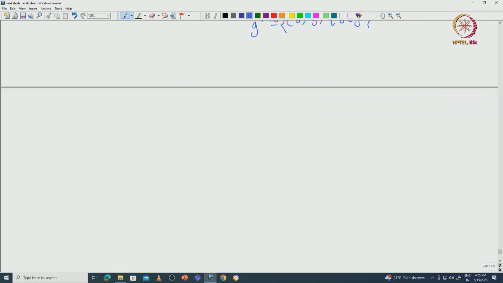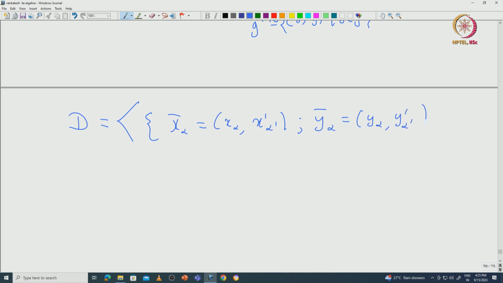Now you take this D, which is like the diagonal embedding. This is nothing but the subalgebra generated by x alpha bar, given by the tuple x alpha, x dash alpha dash, and then y alpha bar, given by y alpha, y dash alpha dash, and then h alpha bar, given by h alpha comma h dash alpha dash, where you vary alpha in pi and alpha dash inside pi dash, where alpha dash is the pi of alpha.